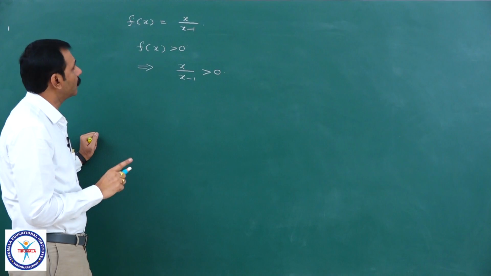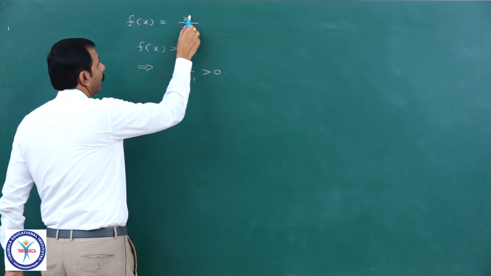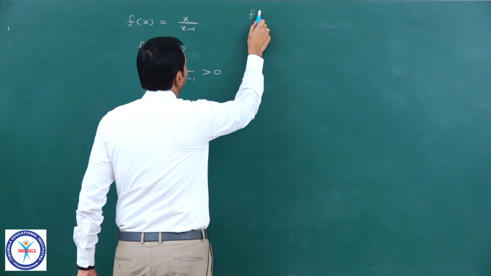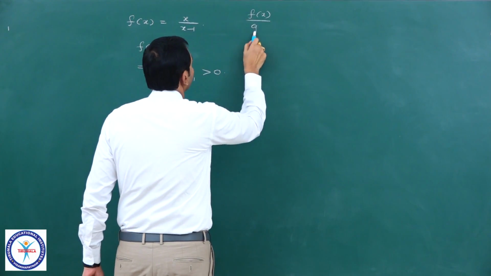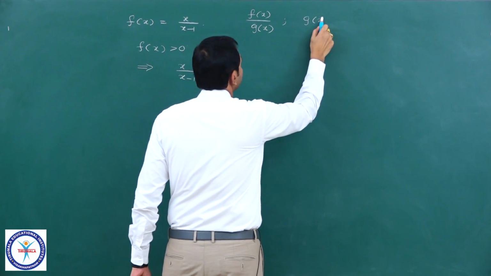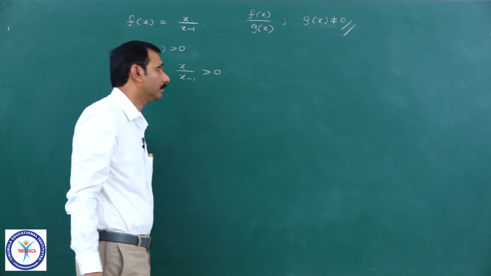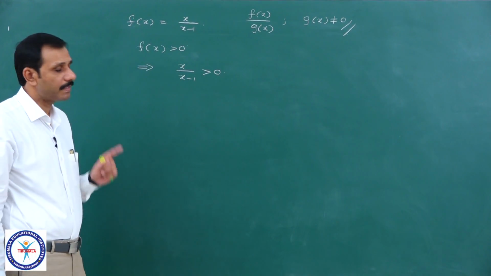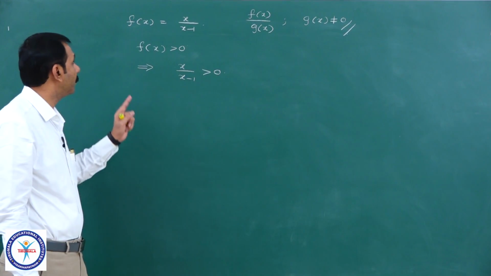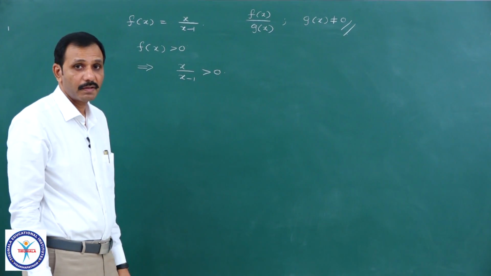The first foremost point you need to remember is that whenever the f of x by g of x form is there, it is defined only when g of x is not equal to 0. That is a basic point you must remember before trying to solve this type of problem.